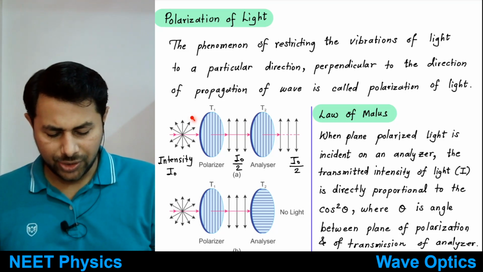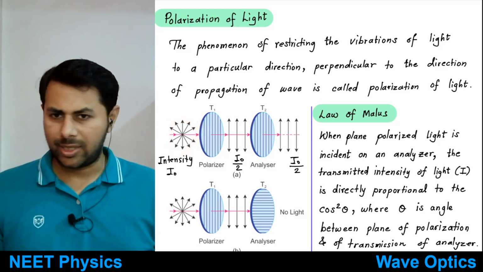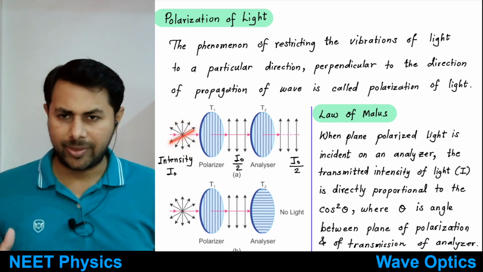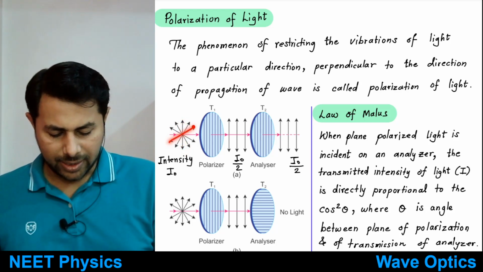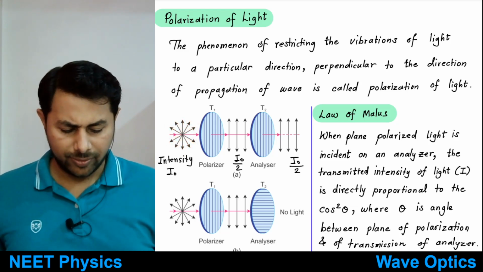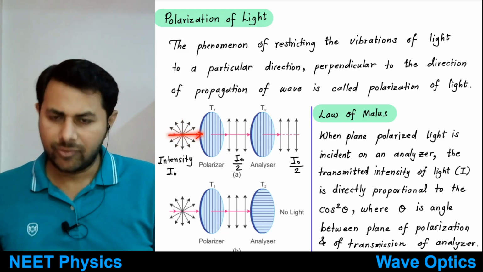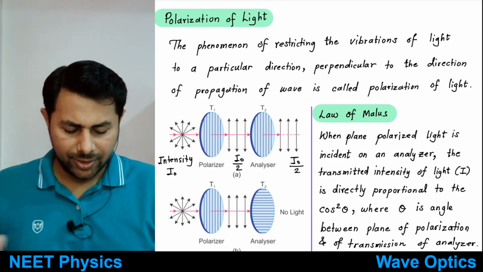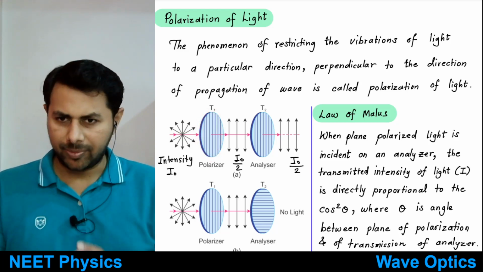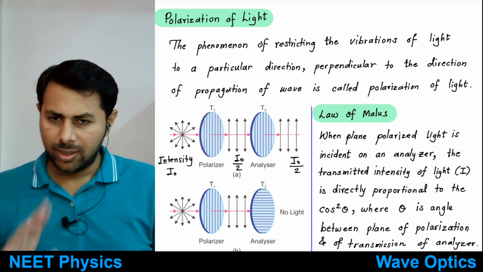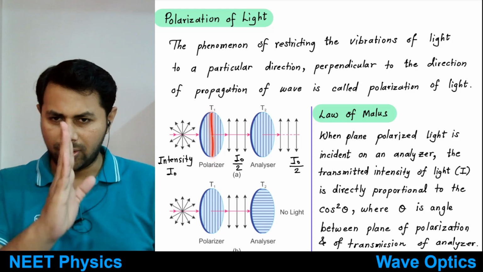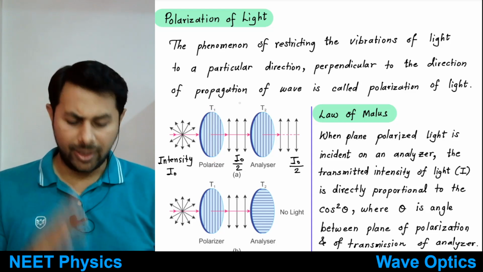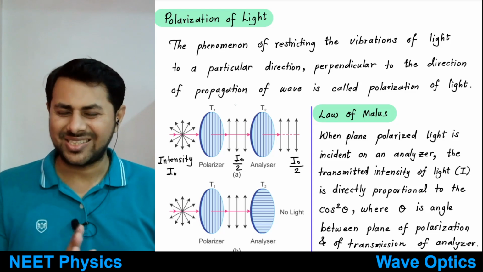Suppose the initial intensity of completely unpolarized light is I naught, which means the electric field can vibrate along any plane: this plane, this plane, this plane, and so on, and the light wave is traveling in this direction. You put a polarizer in front of it. Then the electric field will be allowed to vibrate only along the optic axis, or pass axis, of the polarizer.